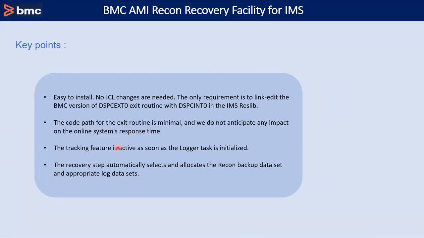The tracking feature is active as soon as the logger task is initialized. And as we have already seen, the recovery step automatically selects and allocates the Recon backup data sets and all the necessary log data sets. It's all done dynamically. You don't have to do anything. Keeps the recovery job pretty simple. I think that's all I have.